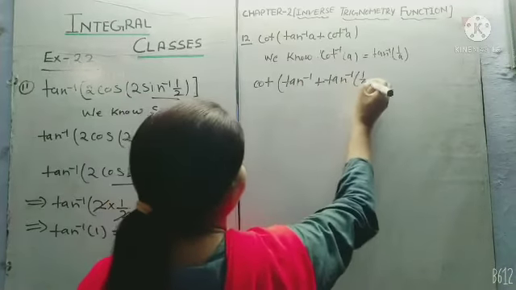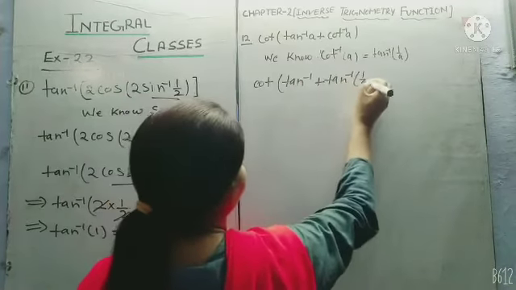So cot is as it is, then tan inverse of A plus 1 by A upon 1 minus A into 1 upon A. Now we will take the LCM: A square plus 1 upon A, and in the denominator A is cancelled, 1 minus 1 is 0. It will become 0.